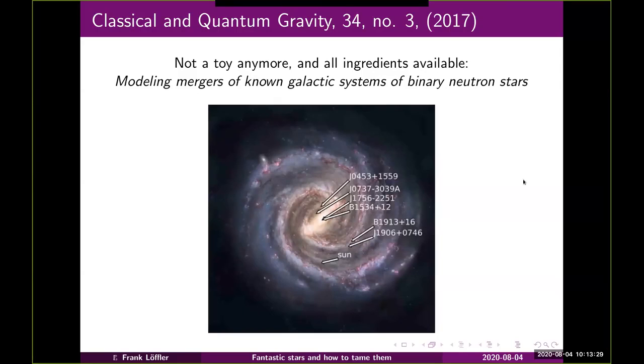And my last example here is you can actually simulate not just hypothetical binaries, but some of the binaries we actually see and observe, and you can input those numbers like the mass ratios and the orbital velocities and all that kind of stuff. You can actually simulate those, and you have all the parameter files and source for that.